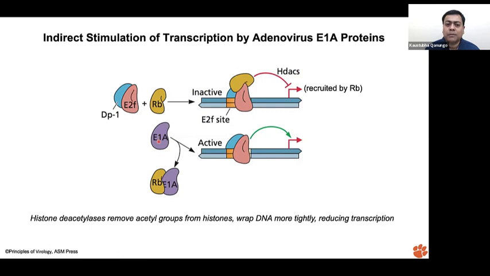So the RB was discovered in a retinoblastoma cell, but the process of how they do that actually comes from our study of adenovirus transcriptional control. So this is another way that the transcriptional control can be done by cellular factors.